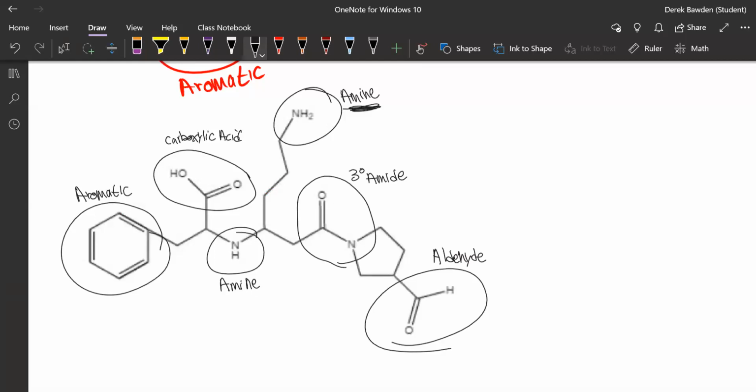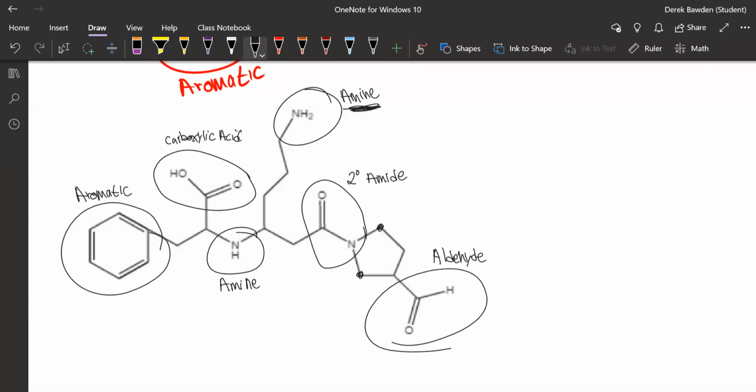Let's see, actually, I think it's a 2-degree amide because we want to look at the carbons that are bonded to the nitrogen. Does anyone know for sure? Can't remember the exact rules in a while. But I would say 2-degree. Very good, though.